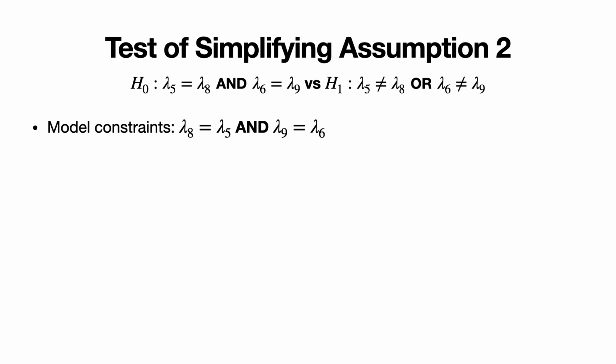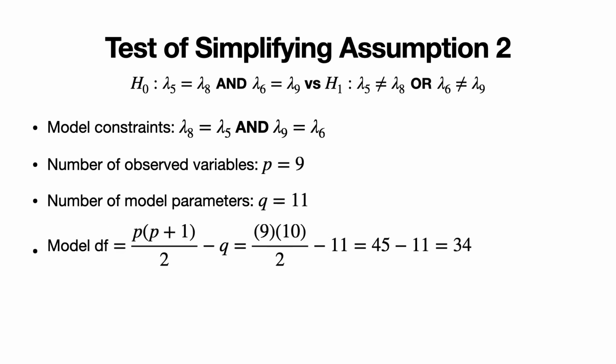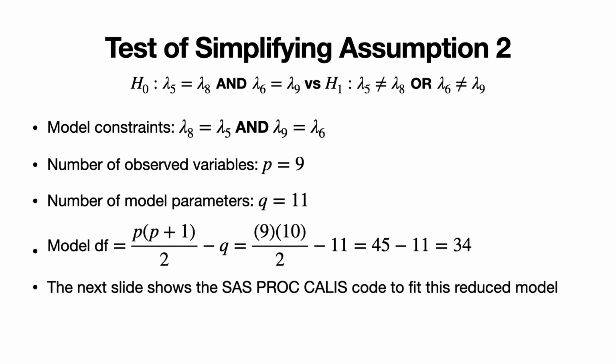So the constraints to be imposed are that lambda 8 is equal to lambda 5 and lambda 9 is equal to lambda 6. The number of observed variables in the model is still going to be 9. But now we have 11 model parameters to be estimated. The number of degrees of freedom associated with the model is 45 minus 11, or 34.